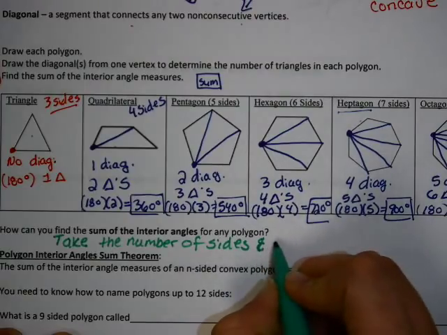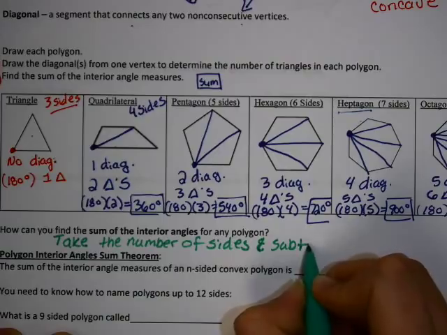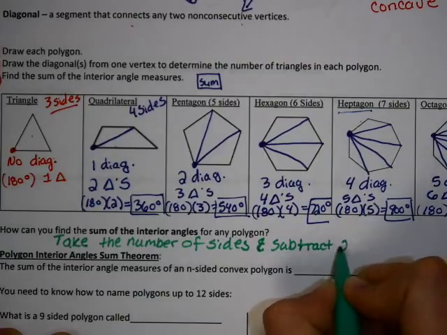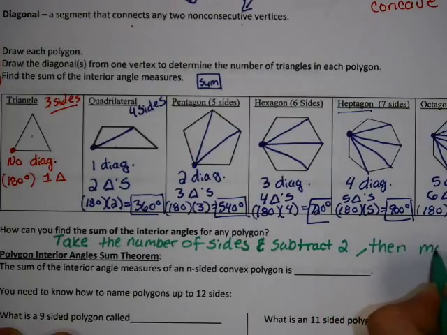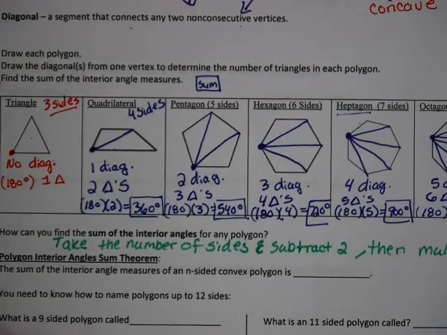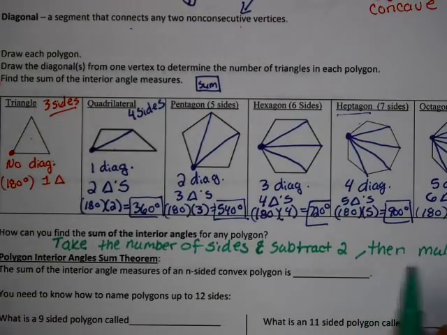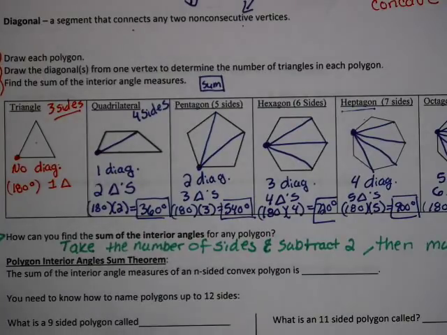We had a difference of 2. Then multiply by 180 degrees. So this is by the number of triangles, right? So number of triangles we can find by taking the number of sides, subtract 2, and multiply by 180.